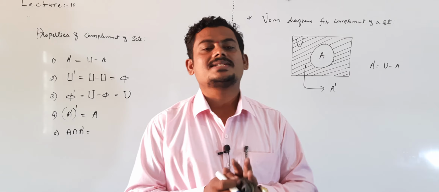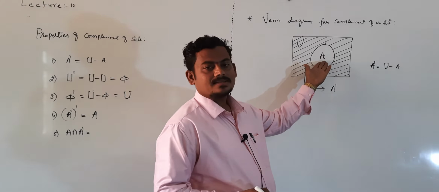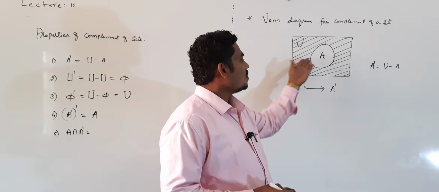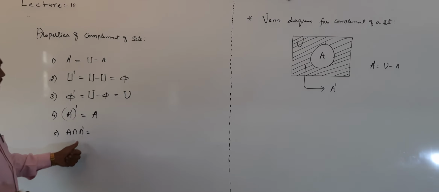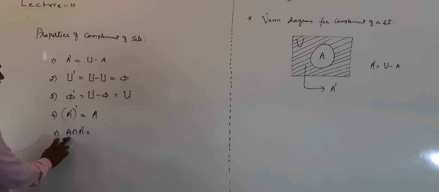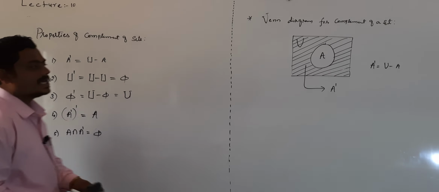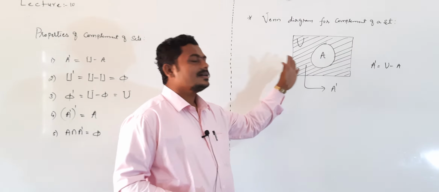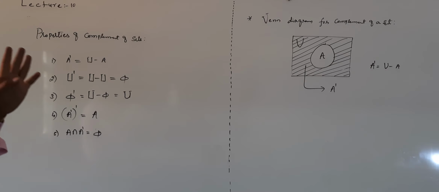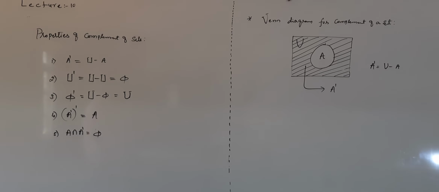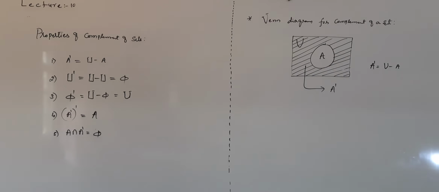There are no common elements in A and A complement, because shaded region is A complement, unshaded region is A. There are no common elements, so A intersection A complement gives null set, because there are no common elements between set A and its complement. Hence it is null set.